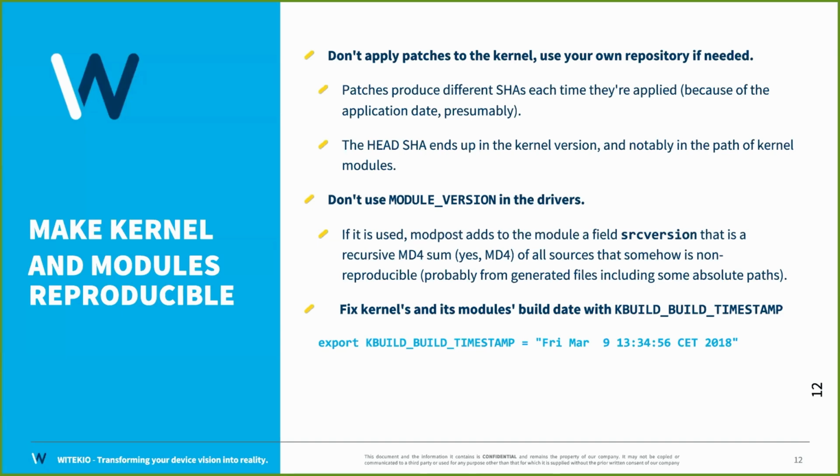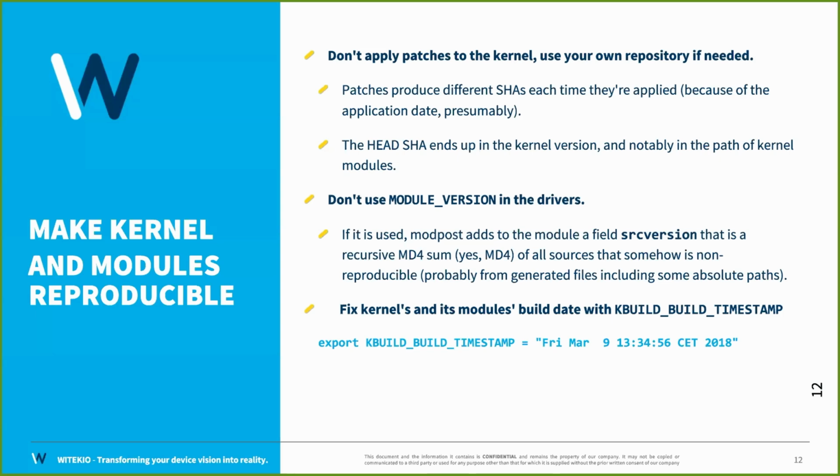Even with one patch, you introduce non-reproducibility here because for the kernel, the patcher used is Git, and it creates a new SHA each time a patch is applied, starting from the same revision, because I suppose the date of application is used somewhere.